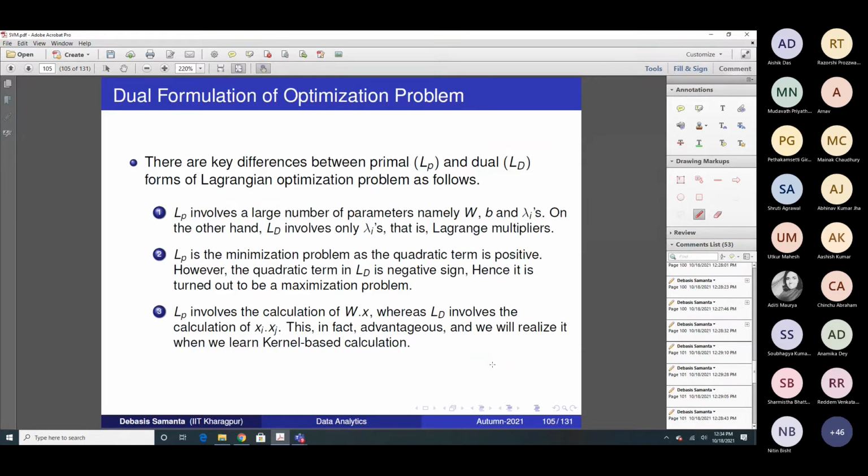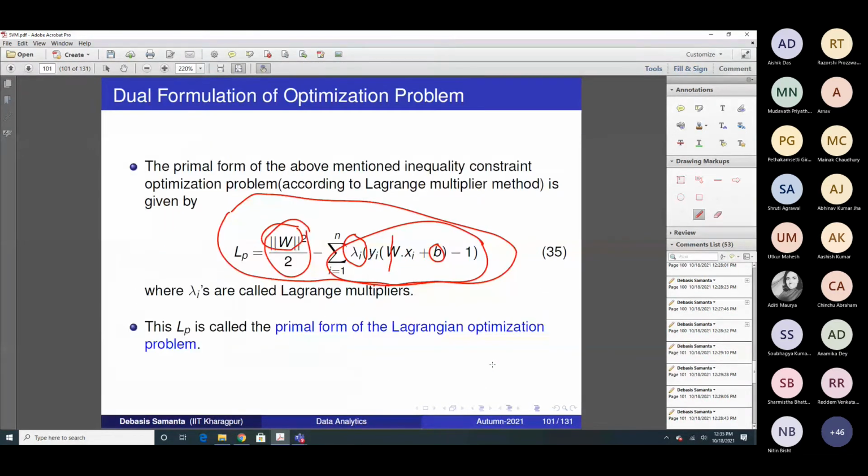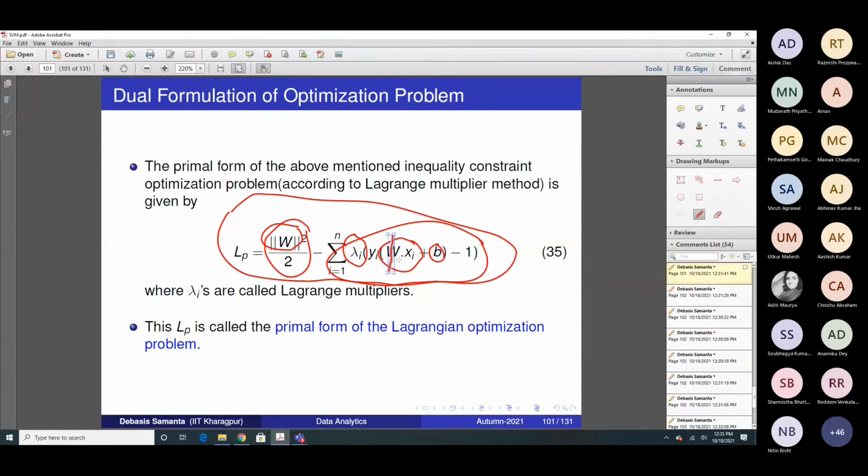And another thing is, in this Lagrangian LP, we know what the most complex calculation required there is. Here is one complex calculation. Why am I saying this is complex? Because W is a matrix, maybe a one-dimensional matrix, and Xj is a vector, also a one-dimensional matrix, and there is a product of two one-dimensional matrices.